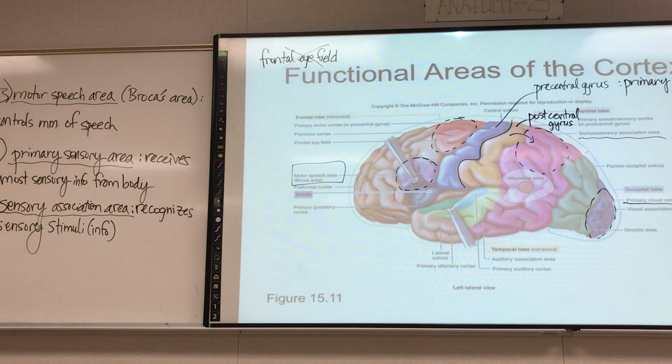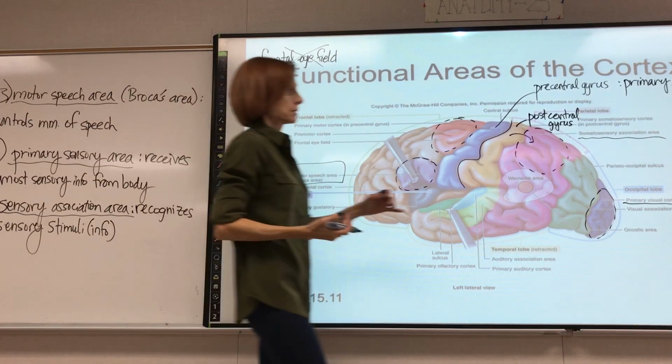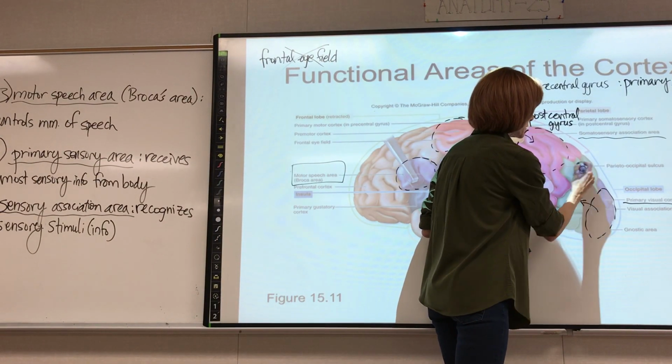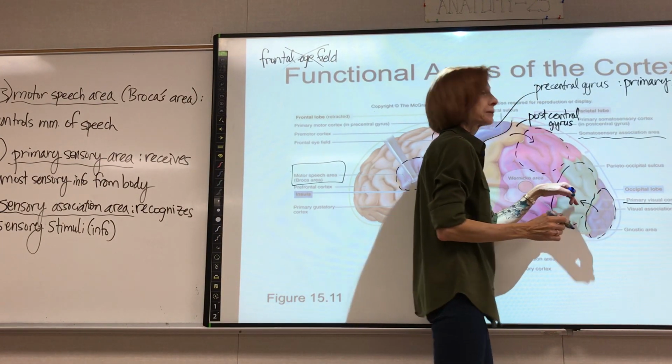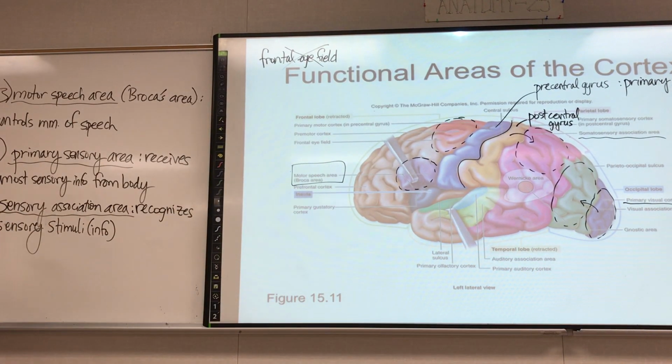But where are they going to go from here? Where would they go from here to be recognized? That's right, into the visual association area, which is just in front of the primary visual area.